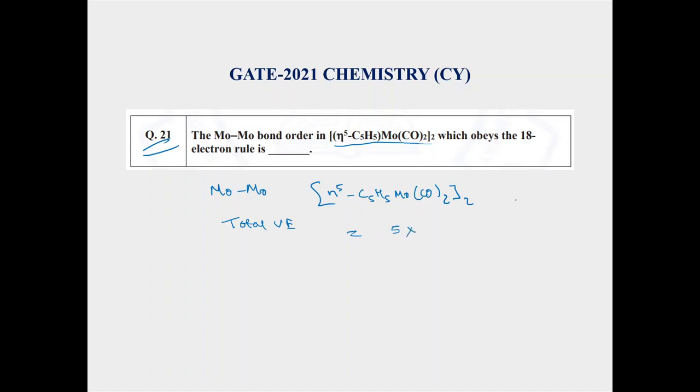Molybdenum is having how many electrons? 6 electrons. And 4.